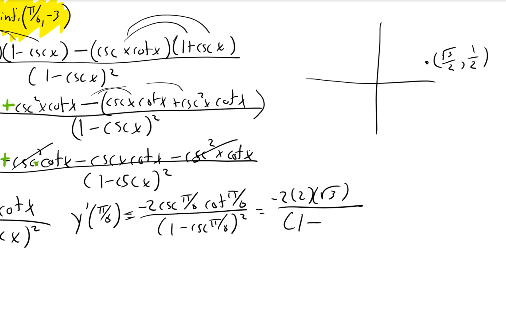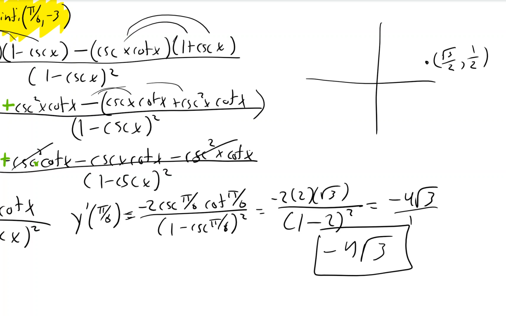And this is 1 minus cosecant of pi over 6. Well, I just did that there. That was 2. And so this gives me negative 4 square root of 3 over negative 1 squared, but negative 1 squared is 1. So all of that to figure out the derivative at that point should be negative 4 square root of 3.